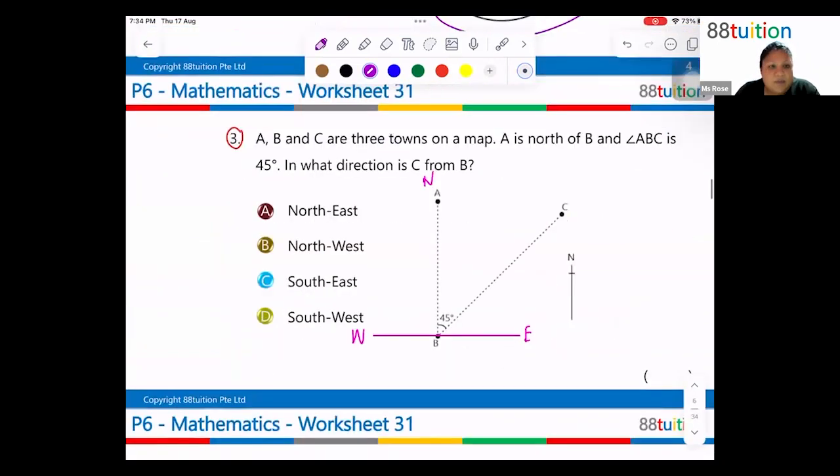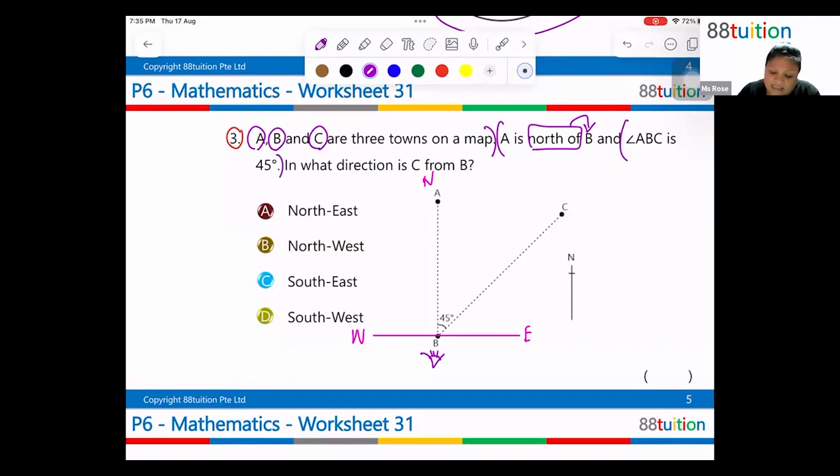Okay, now let's look at number 3. For number 3, they show you 3 towns, A, B, and C on a map, whereby A is north of B. Looking at B, north of B, and angle ABC is 45.